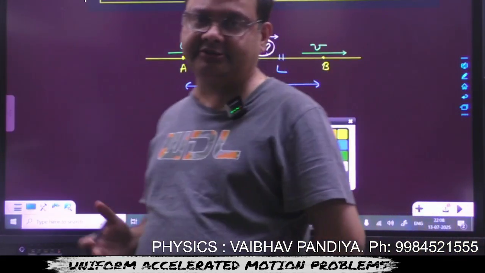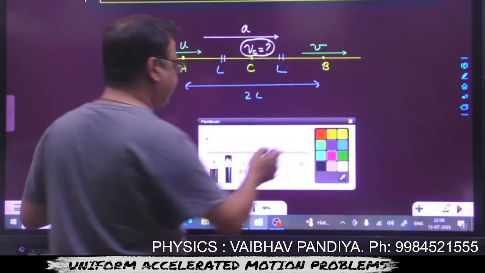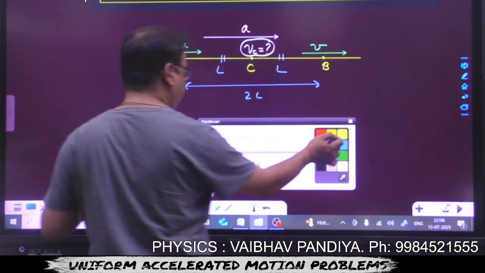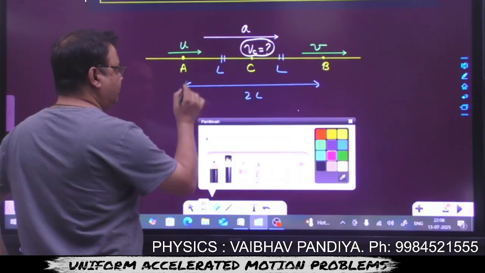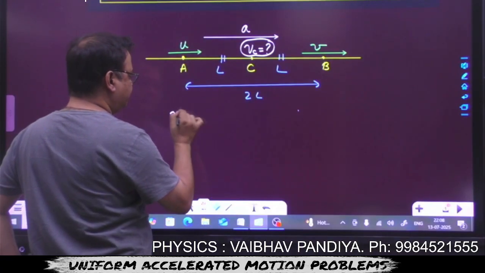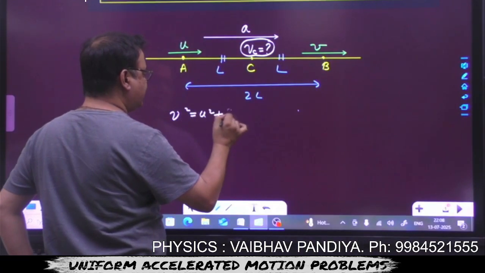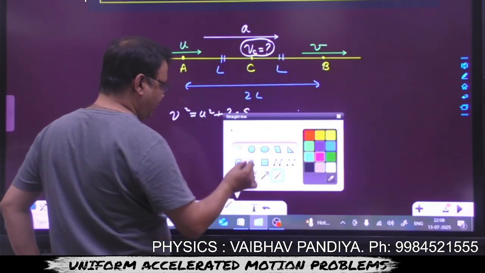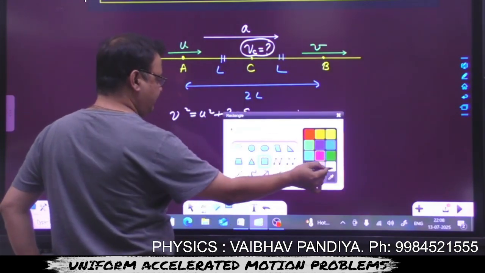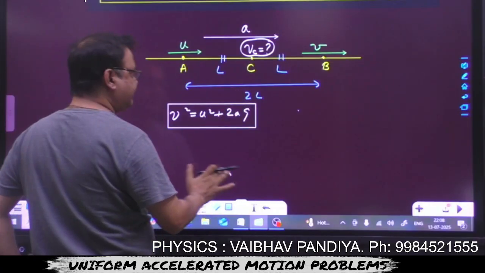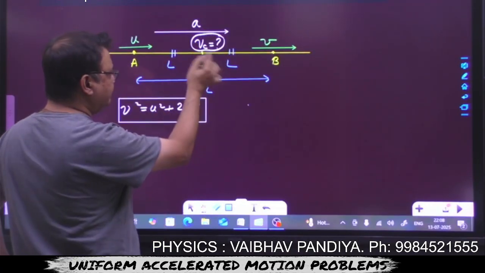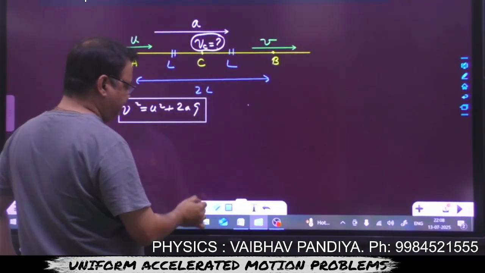In the final answer we can't involve a and L because a and L are assumptions in the working. The final answer must be in terms of the parameters provided in the problem. So if you apply the equation v square is equal to u square plus 2as, which is one of the equations of motion, in both the segments, I get the relation between u and vc and the relation between vc and v, correct?